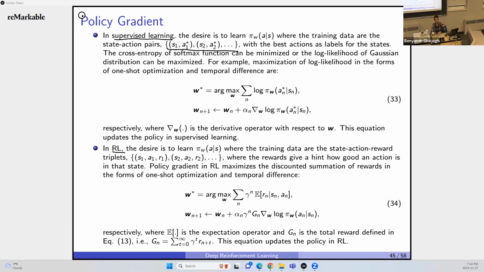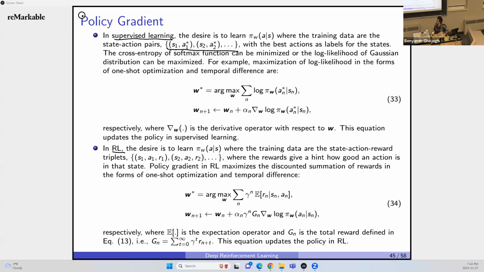For example, professionals tell me that in this state, the best thing to do is this, right? So I have pairs of the state and best action. As you see, action has a star in it. So it's the optimal action. So my data becomes the state, and my labels are the best actions, right? So it's supervised learning.